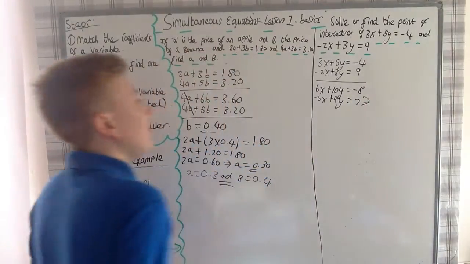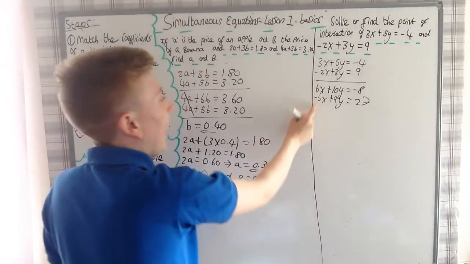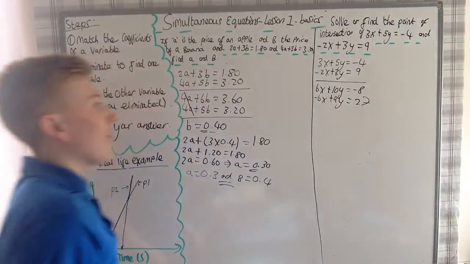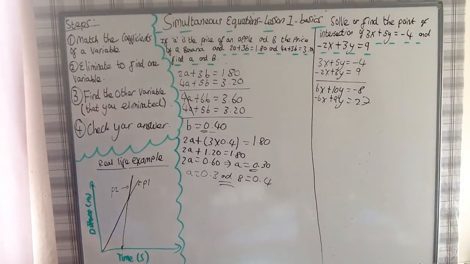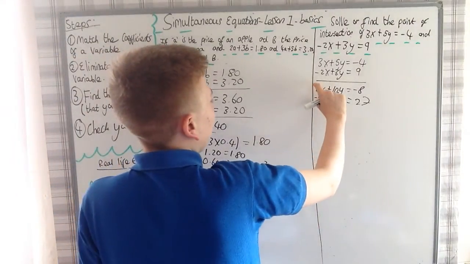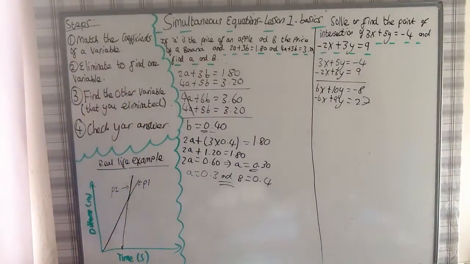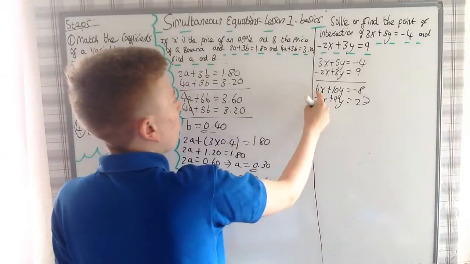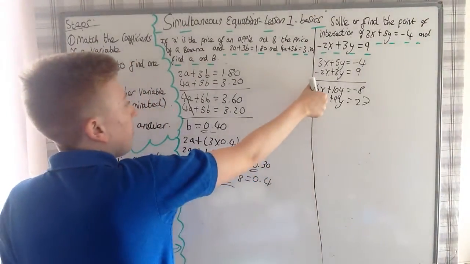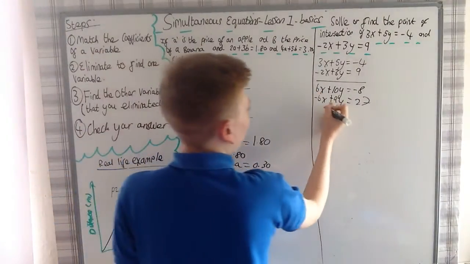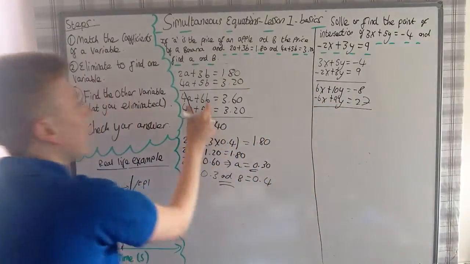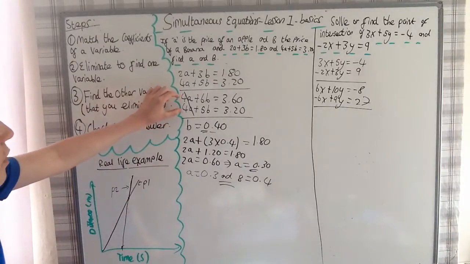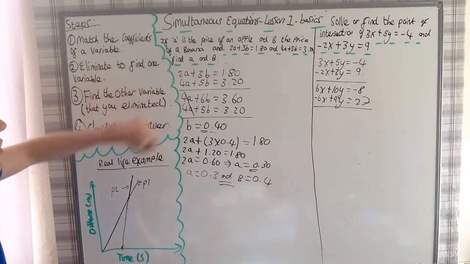Now, we don't need to worry about the fact that the 6x and the minus 6x have a negative and a positive coefficient. All that matters is that they're the same number. Okay? It doesn't matter if one's negative and one's positive, as long as we've got the same number in front of them, because, like here we subtracted because we had the same sign. They were both positives, positive 4a and positive 4a.